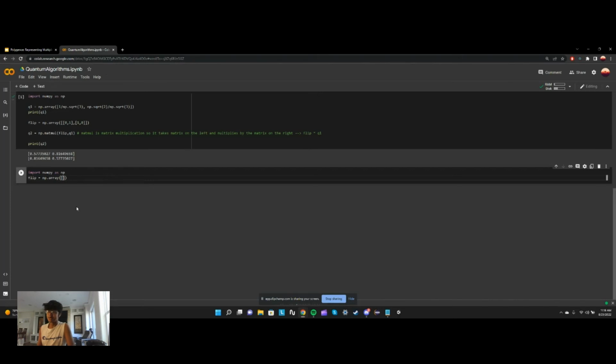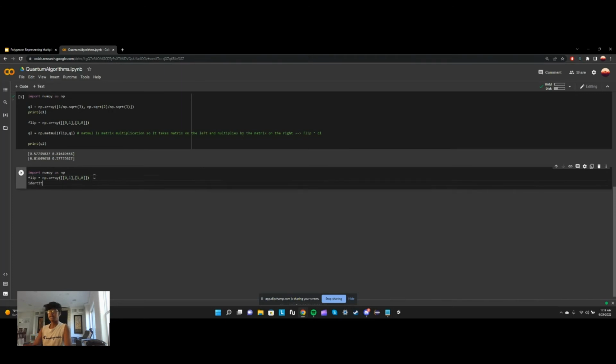So we're going to have two brackets, and then 0, 1, because our zero state is represented by 0, 1, comma, the one state, which would be 1, 0. All right, so that's our flip.